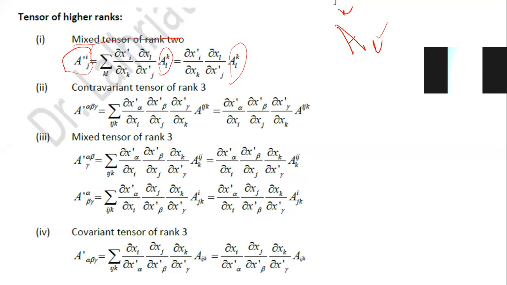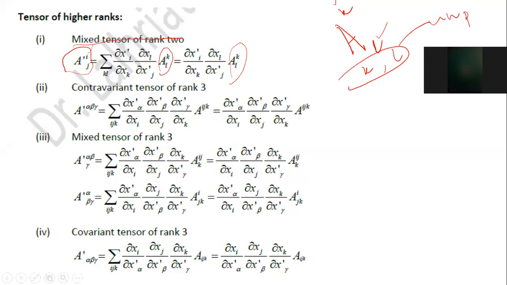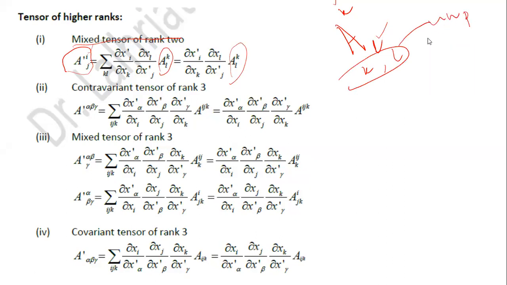So what we have now is k and l in the unprimed, and i and j in the primed. You know that k and i are contravariant.